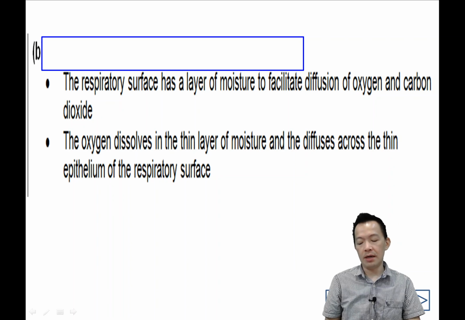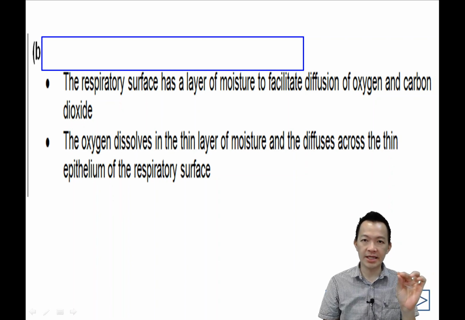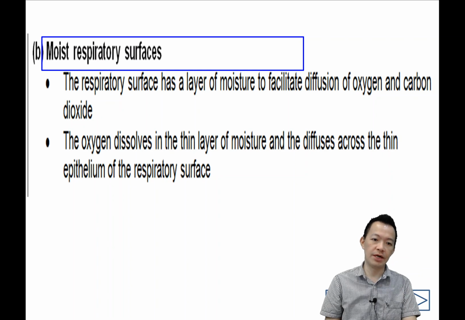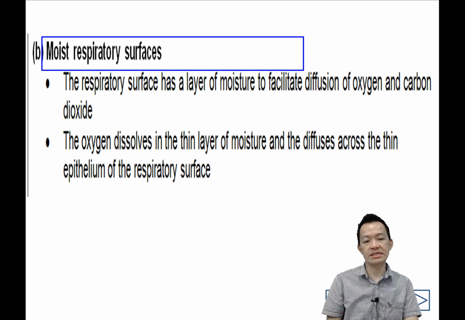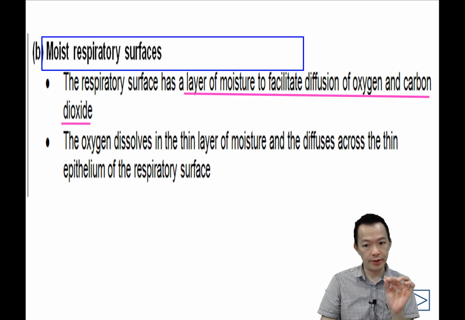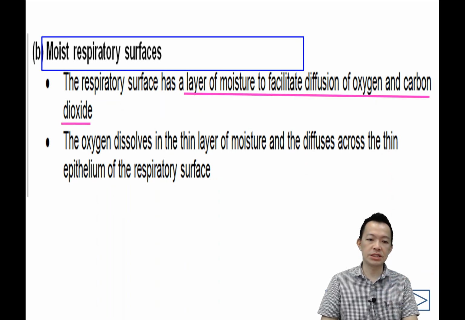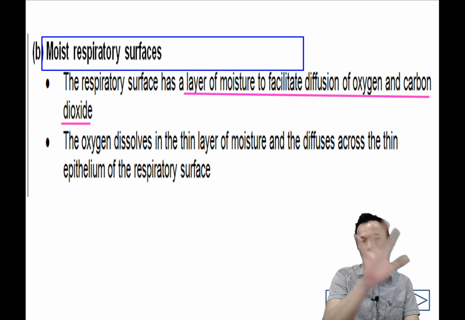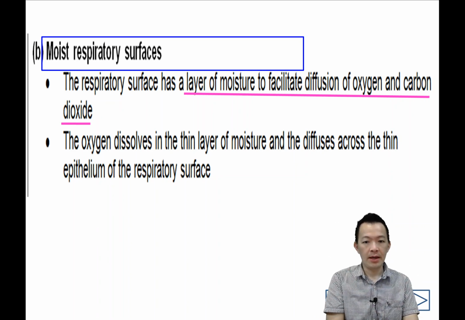Let's say, of a human and animal, beside the large total surface area, anything in common, 我们还有什么共同点呢？To help us to breathe, 帮助我们呼吸的呢？Moist respiratory surface, 我们有湿的表面，湿的呼吸表面，OK？为什么呢？So the respiratory surface has a layer of moisture to facilitate the diffusion of oxygen and carbon dioxide. 我们的表面 for whatever surface, alveolus 啊、lung 啊, they must have a layer of moisture. 一定是湿的，Why?